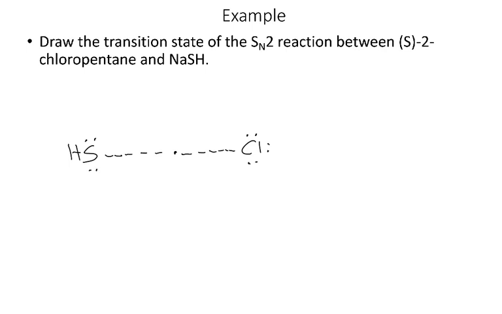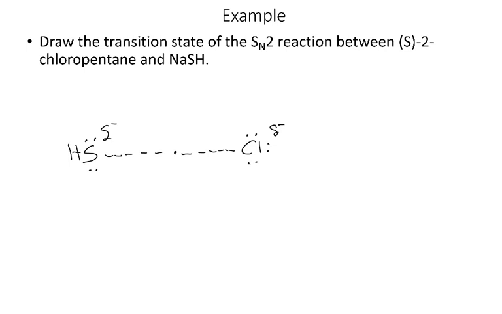My nucleophile is going to be forming that bond, and I think I didn't do this on the previous transition state, but I think it's nice to show that this is going to be partially negative, and this is going to be partially negative, because in the reactants, this had the full negative charge, and in the product this had the full negative charge. So in the transition state, we're sort of in the process of transferring that electron density.